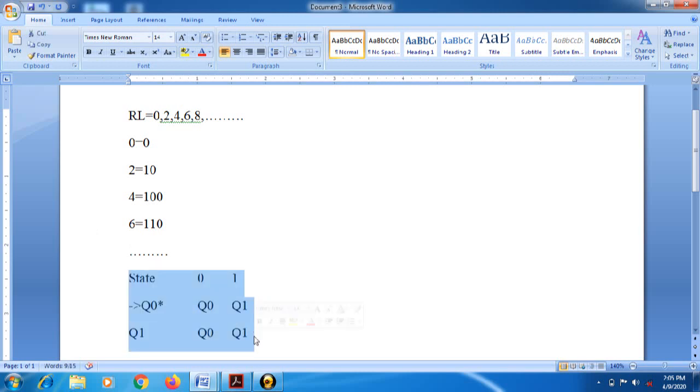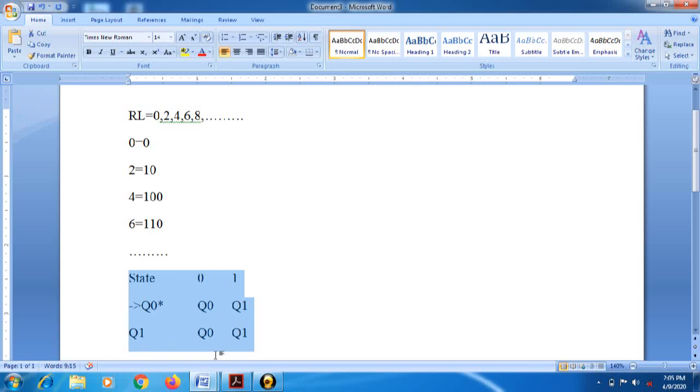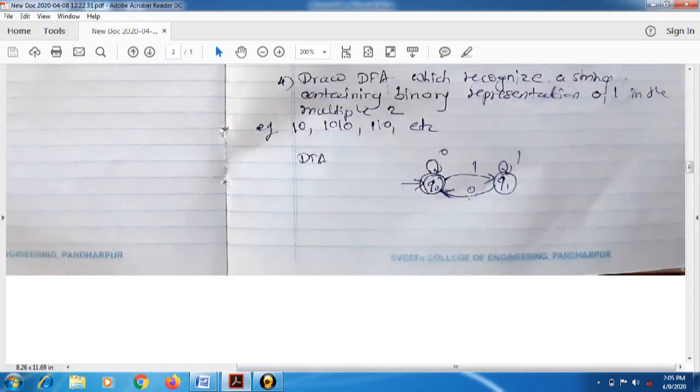Now we will check its transition diagram, that is the actual DFA. By using Q0 and Q1 we find that the DFA looks like this. Q0 is our starting state, Q1 is our intermediate state. Q0 with 0 remains in the same state because these are even numbers, and Q0 with 1 moves to the next state, that is Q1.